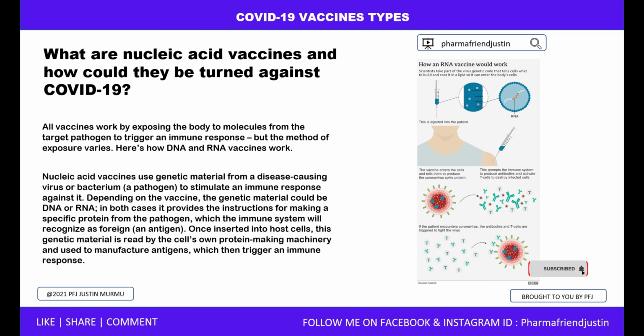Once inserted into the host cell, this genetic material is read by the cell's own protein-making machinery and used to manufacture the antigen, which then triggers an immune response.